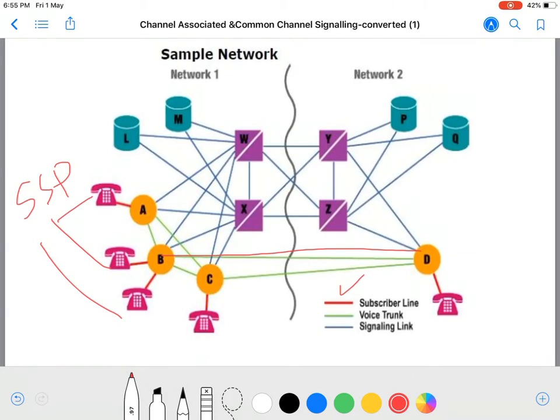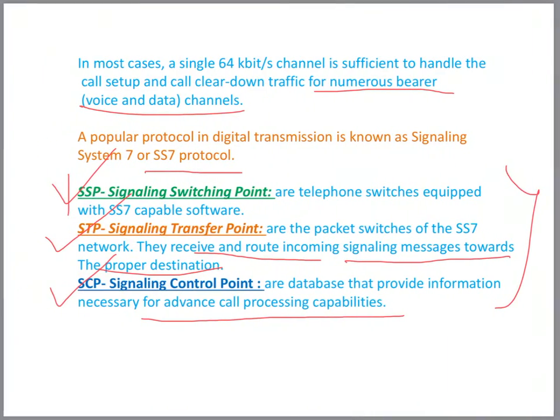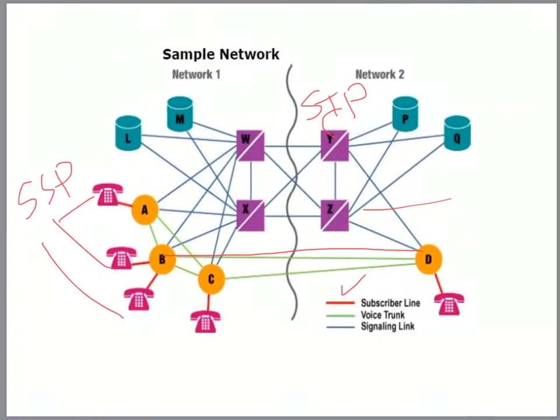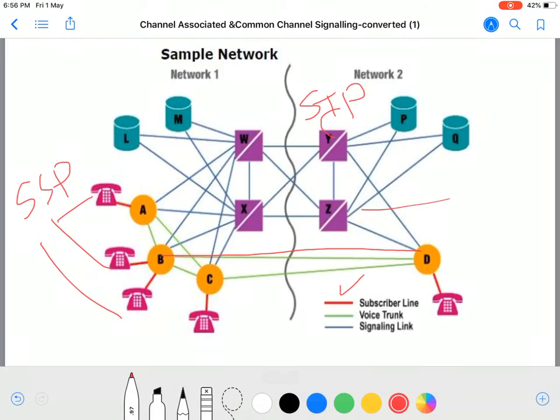But these W, X, Y and Z are STPs. And we have seen the SCPs or signaling control points.